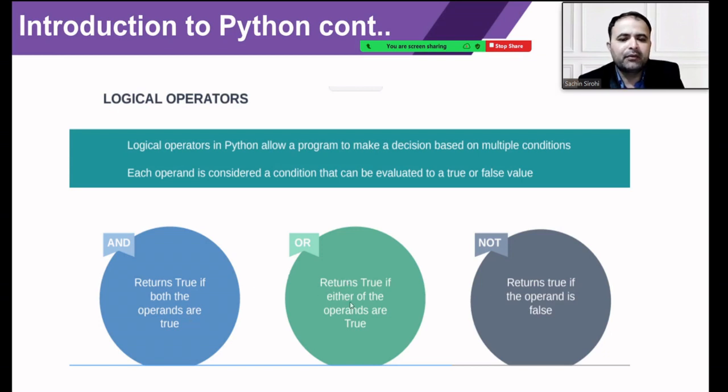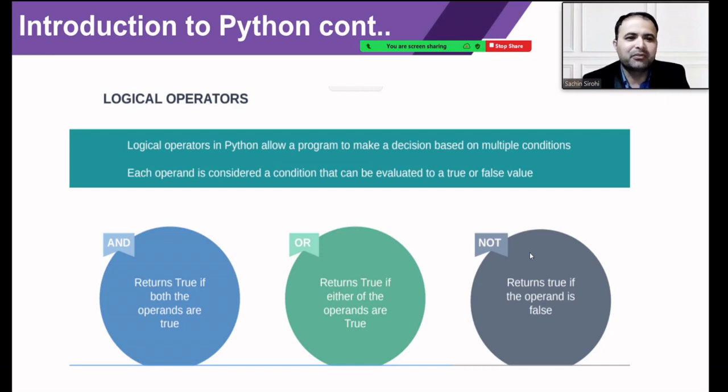The or returns True if either operand is true; if any one condition is true, the or gives True. But for and, all the conditions should be true, otherwise it will give False. The not returns True if the operand is false, so it is just the opposite: if the condition is true, it will make it false.